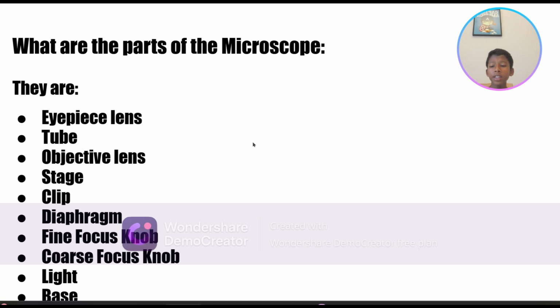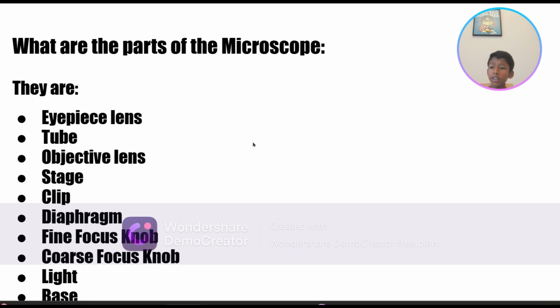They are the eyepiece lens, which is used to look into the cell. A tube is connected to the eyepiece lens. The objective lens sharpens and makes the cells clear to see.